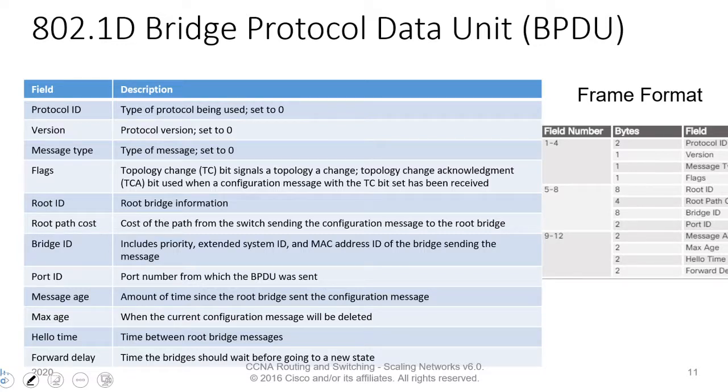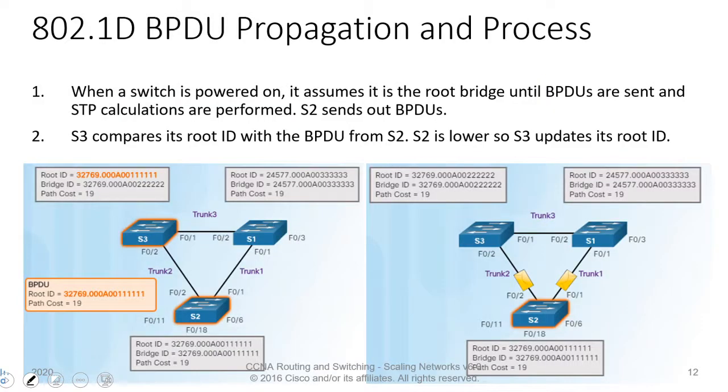It would have a number of pieces of information identifying the roots, the bridges, the port IDs, and all the different information relevant to this protocol will be shared through this. When we think about the actual operation of the protocol, these bridge protocol data units will be propagated across the switches in a particular order.